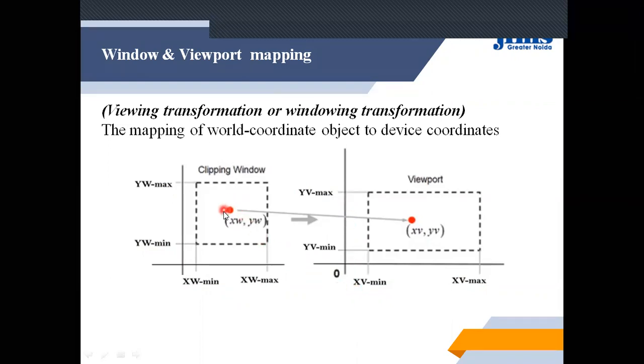And this is the point that we have to map to the viewport. Suppose the coordinates of this are xw and yw. W represents window. So this is the x coordinate of the window, means the distance from the y axis is xw, whereas the distance from the x axis, means the y coordinate value, is yw.